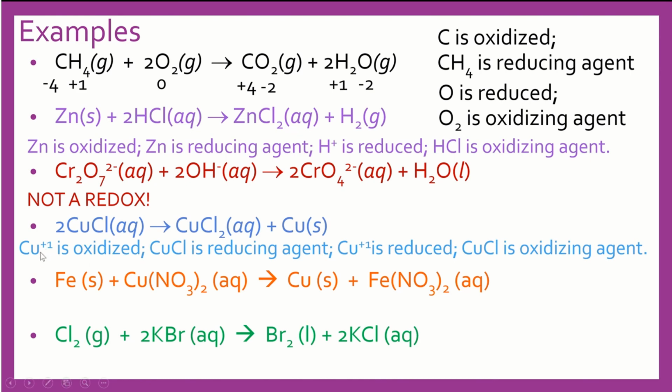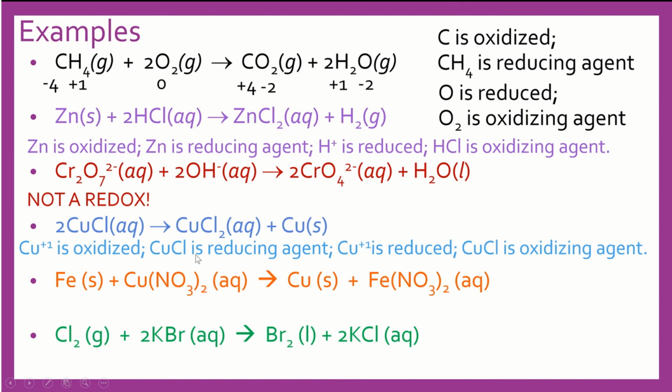Copper, the ion, copper plus 1 was oxidized. It lost an electron, became copper plus 2, but it also gained an electron. Copper plus 1 over here also went to copper, the element. So, wow, that's very interesting. Copper was both oxidized and reduced.